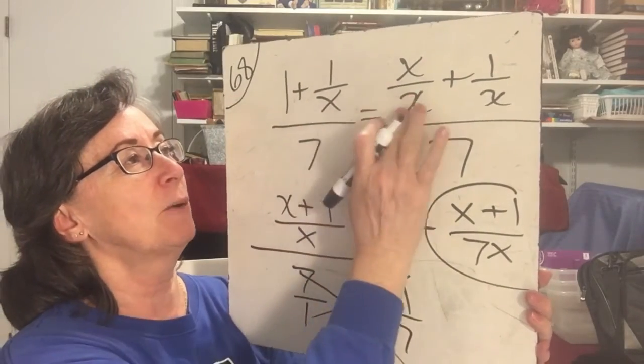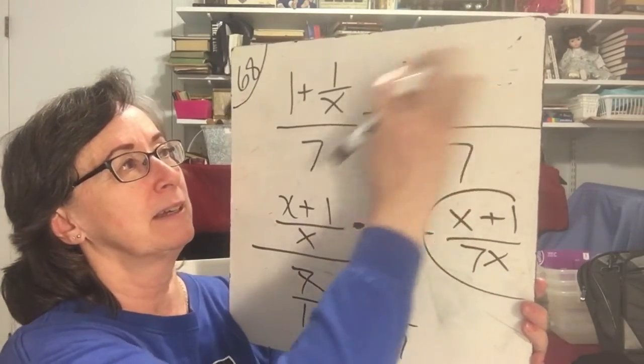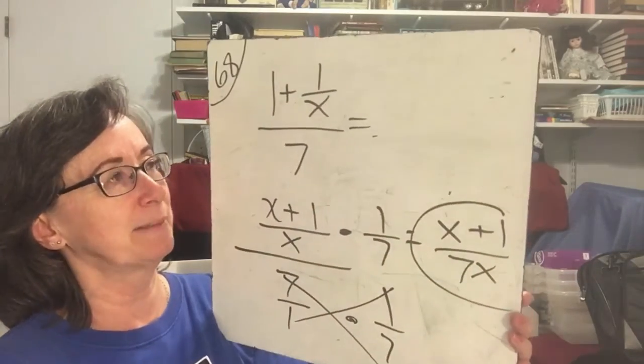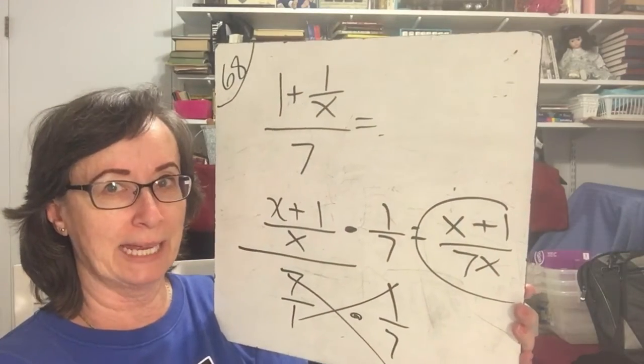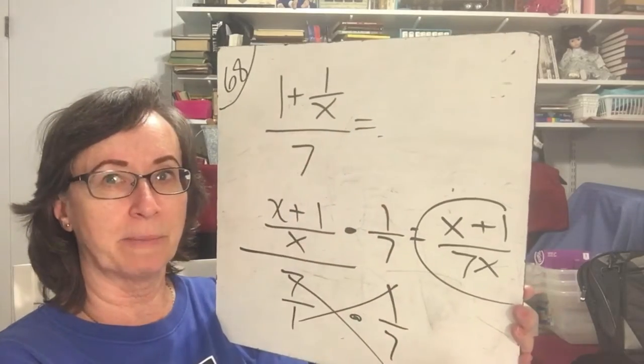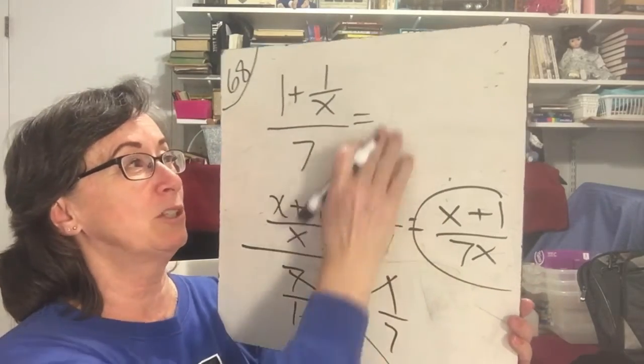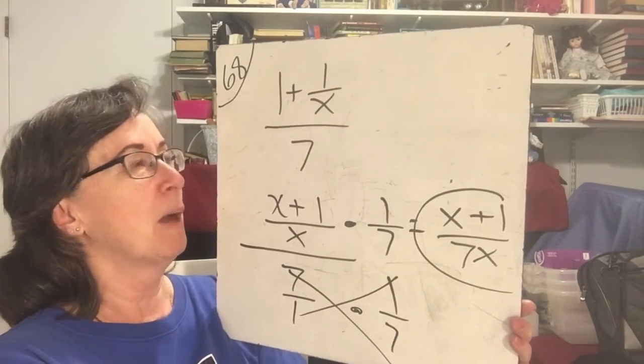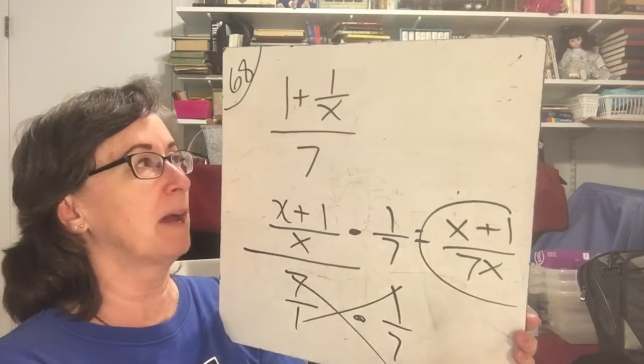So instead of doing what we did there, I'm going to say, I don't like that x on the denominator. I'm going to, right off the bat, multiply by the least common denominator.